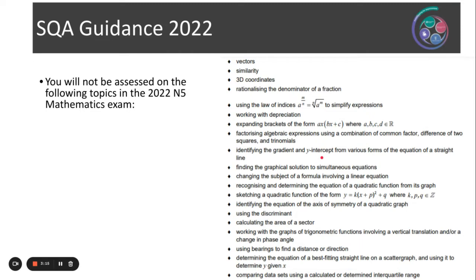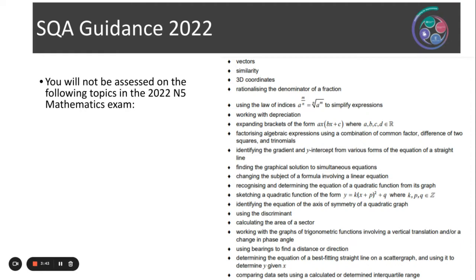Identifying the gradient and y-intercept from various forms of the equation of a straight line. Finding the graphical solution to simultaneous equations. Changing the subject of a formula involving a linear equation. Recognising and determining the equation of a quadratic function from its graph. Sketching a quadratic function of the form y equals k times (x plus p) all squared plus q.